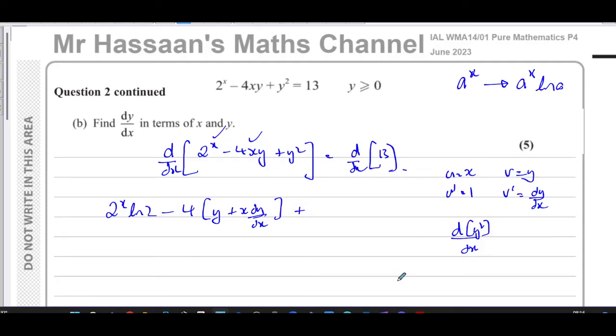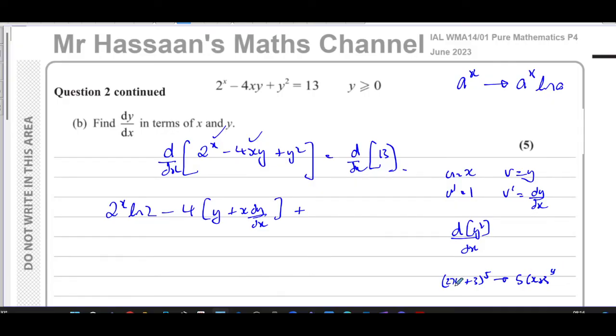So just like, for example, if you differentiate, say, 2x plus 3 to the power of 5 with respect to x, you differentiate the main function. So you multiply by the power, and you take 1 from the power.